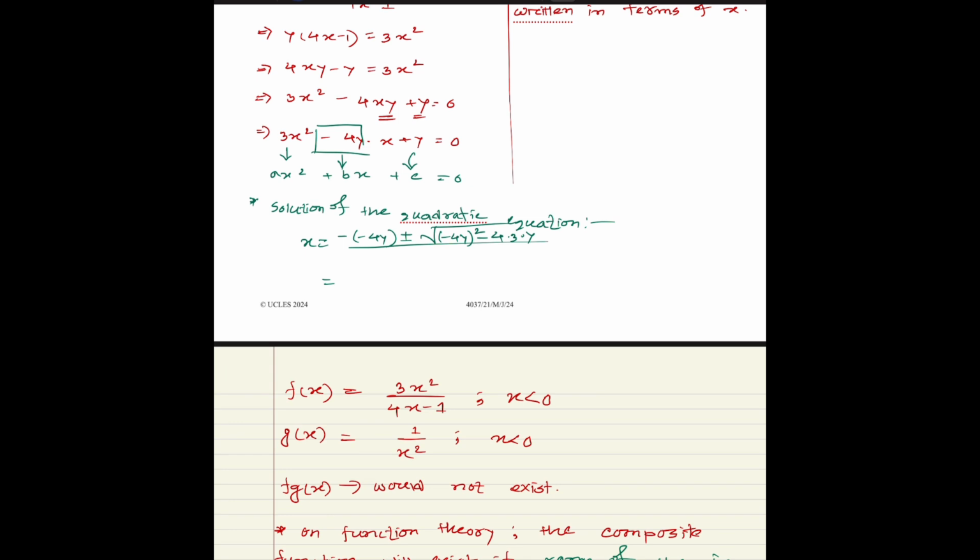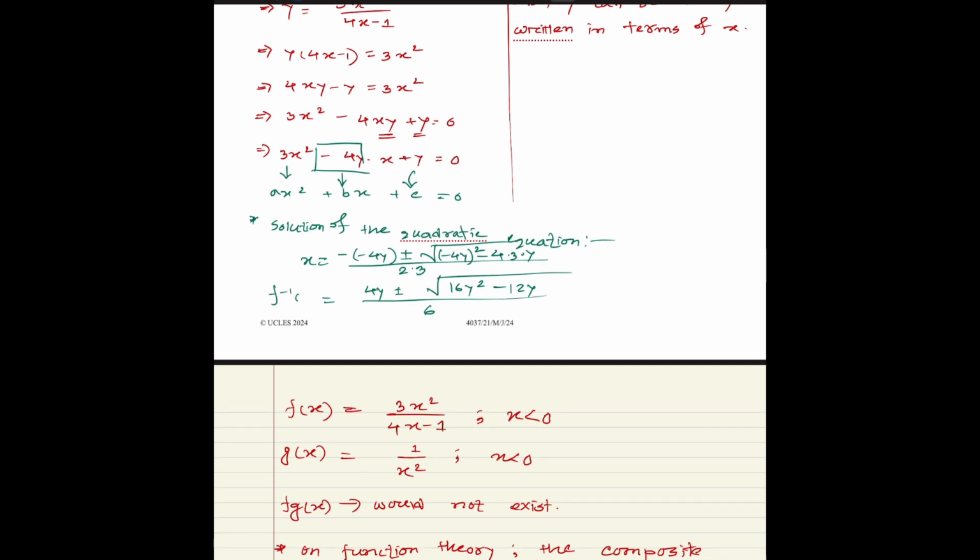So this will be 4y plus or minus the square root of 16y squared minus 12y, divided by 2 times a, 2 times 3, 6.